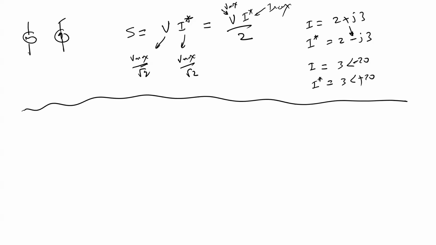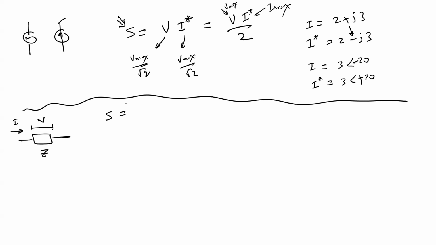This is the power generated from a source. Now, what if you have an impedance Z? This impedance can be only a resistor, only an inductor, only a capacitor, or a combination, whatever it is. So here we have Z, we have current I, and we have voltage drop V. How can we calculate the complex power here? We call it S, complex power. The complex power here can be calculated in different ways.